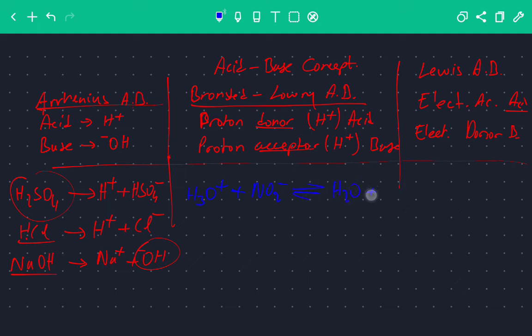It gives HNO2 plus OH minus, for instance. So in this case, H2O gave a proton, H plus, so this is an acid and this is the conjugate base of the water. And if you look at these two, NO2 minus took a hydrogen, so it is a base, and this is the conjugate acid.